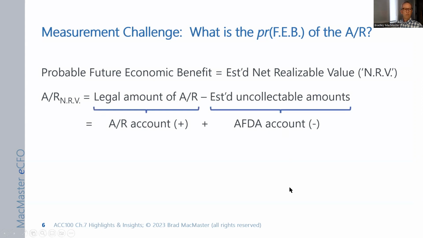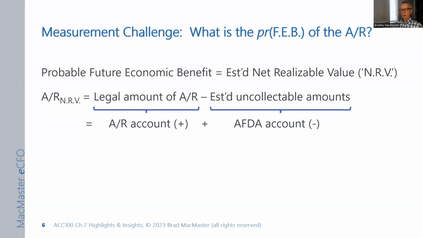And when we account for that, the legal amounts that are owed to a business enterprise are what's included in the accounts receivable host account. Those are entered as positive numbers. And then the allowance for doubtful accounts account is a negative number.